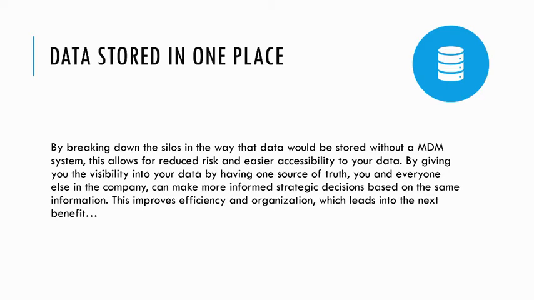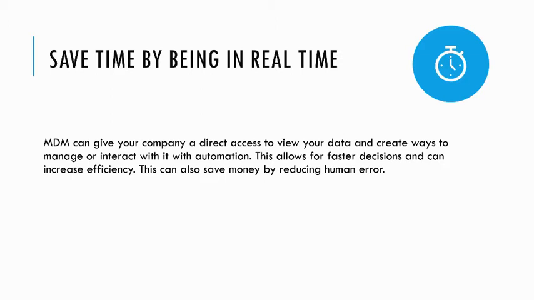This improves efficiency and organization, which leads into saving time by being in real time, where since you have direct access to view your data, you can create ways to manage or interact with automation. This allows for faster decisions and increased efficiency. This also saves money by reducing human error.